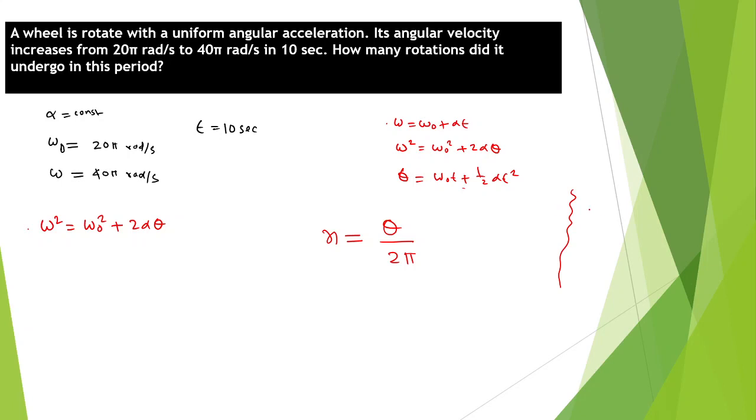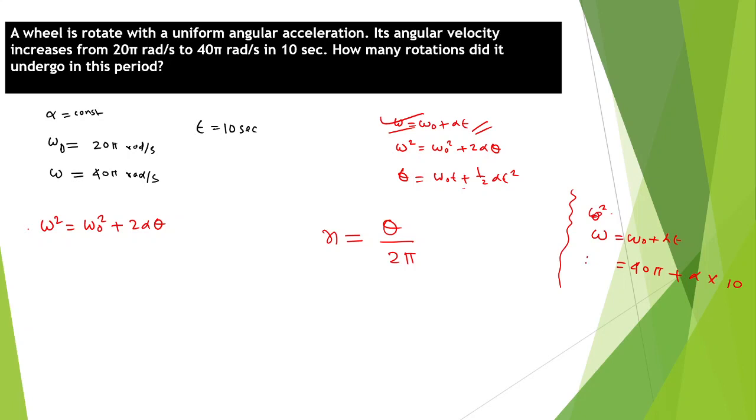We can use the first formula: omega equals omega naught plus alpha t. What is omega naught here? Omega naught here is 20 pi. So 40 pi equals 20 pi plus alpha into time. What is the time here? That is 10 seconds.